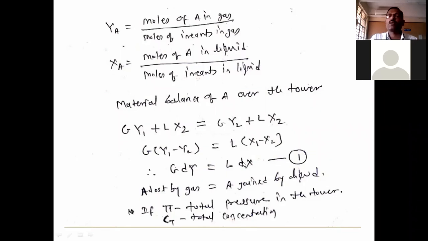Now we convert this equation into partial pressure and concentration: for the gas side it is the partial pressure, and for the liquid side it is in terms of concentration. Suppose pi is the total pressure in the tower and Ct is the total concentration.